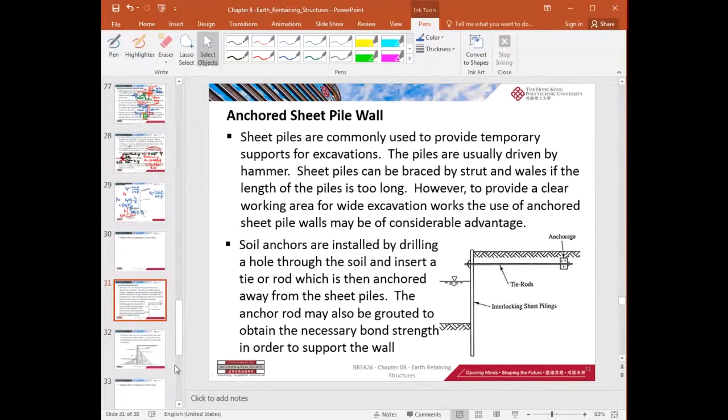Now, anchored sheet pile wall. As I've told you, you've got the tieback system, right? Now, soil anchors or the tieback system. Why should we use the anchored sheet pile wall? Now, imagine you've got a very long site.